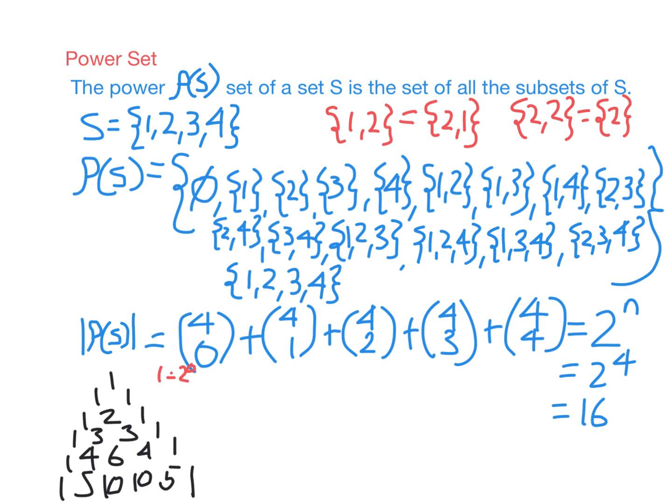In row 1, they add up to 2, which is 2 to the power of 1. And then in the second row, they added up to 4, then 8, then 16, and in row 5 they add up to 32. So the entries in row n of Pascal's triangle always add up to 2 to the power of n, and that's very important for things like counting the number of elements in a set. Here the power set, its elements are sets themselves, but it's really helpful for counting. It's a property that comes up a lot in maths.